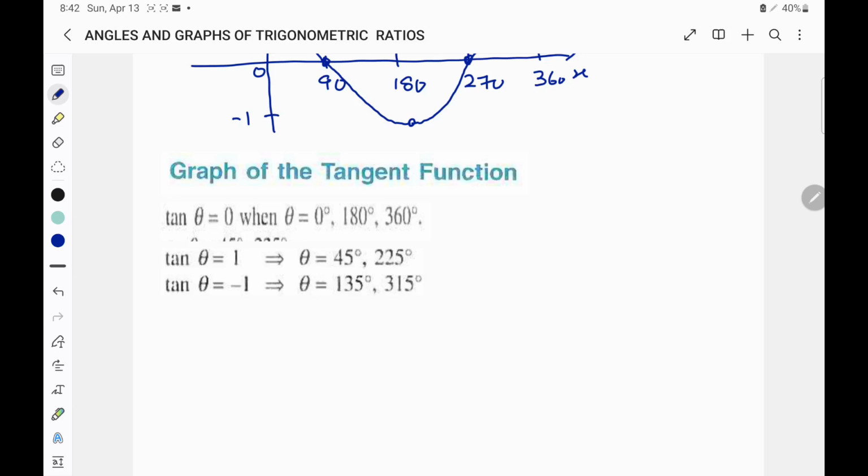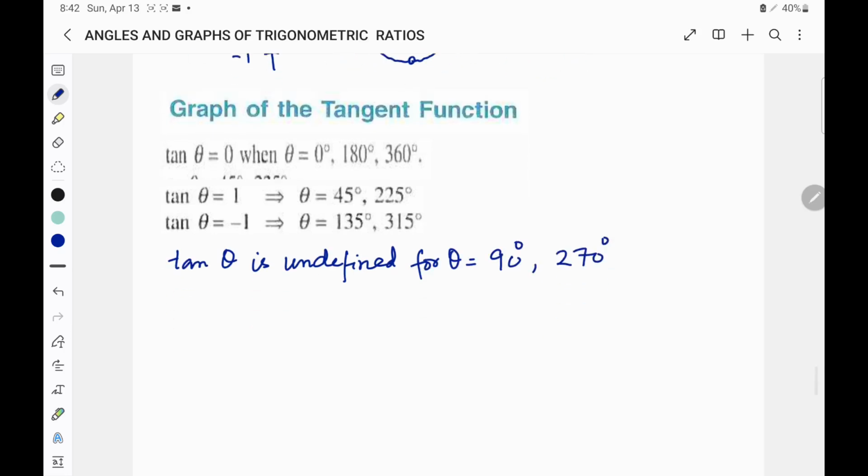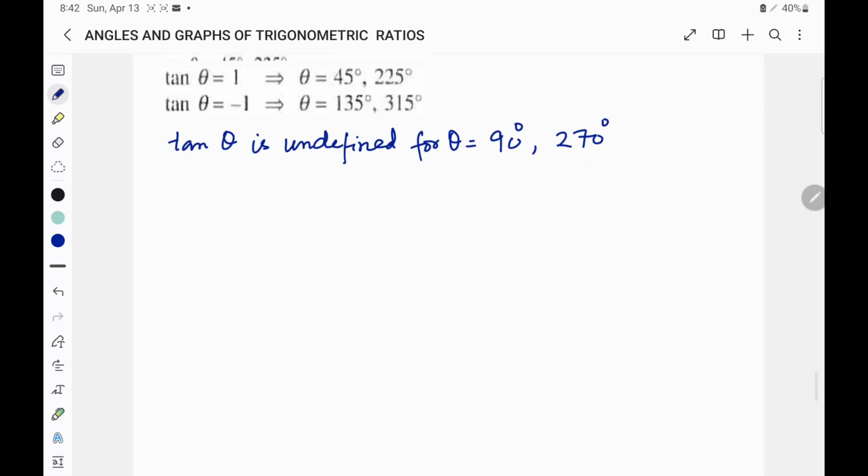And remember one thing, tan theta is also undefined whenever theta is 90 and 270 degrees. It's not defined. So I'm going to make the graph now.